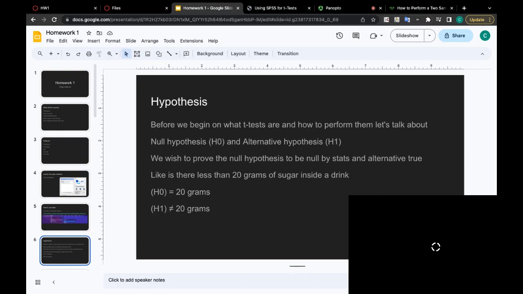But now we're attempting to prove that the machine is not producing 20 grams. So our alternative is that it does not produce 20 grams, and our null is saying it's producing 20 grams. Since we're trying to prove that it does not produce 20 grams, that is our alternative. So H0 is equal to 20 grams, and H1 does not equal 20 grams.